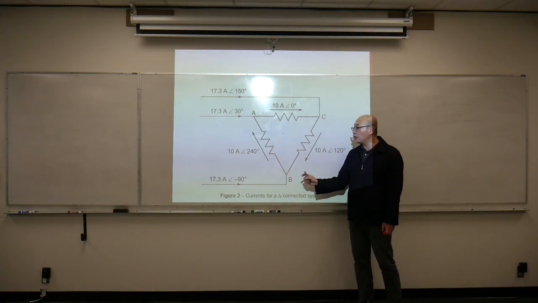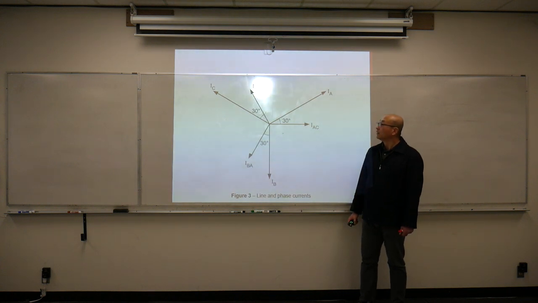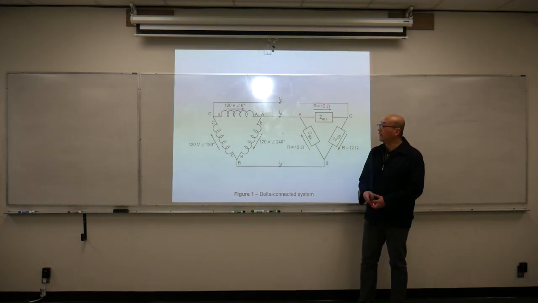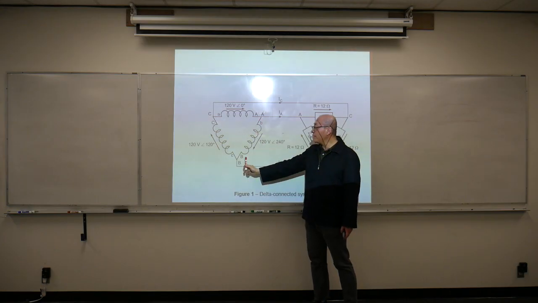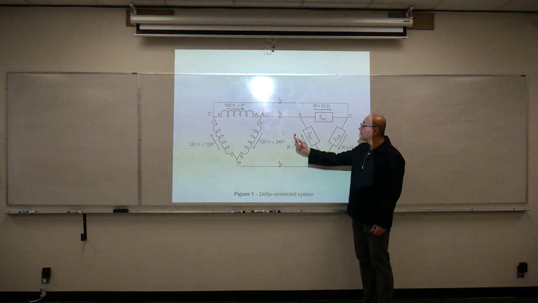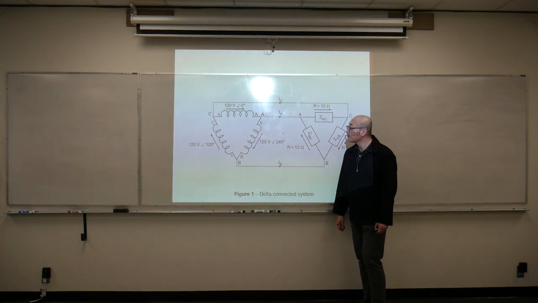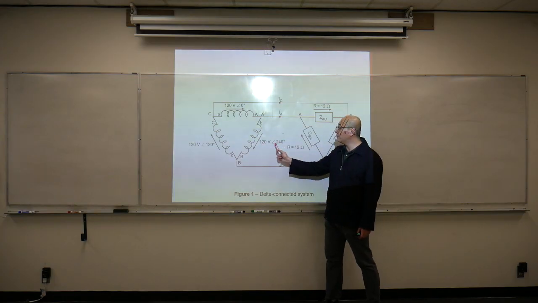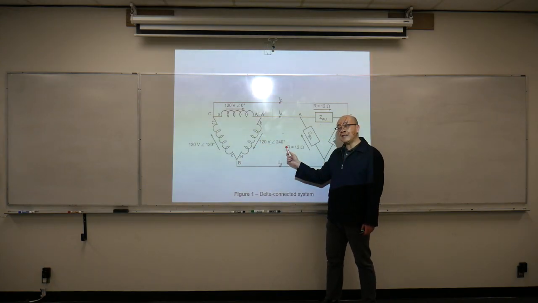And here's some calculation I'm going to show you slightly later. But if we're looking down here, between point A and point B, same on our load side between point A and point B, the voltage between here, 120 volt and 240 degree, is between A to B. Here's my phase voltage.